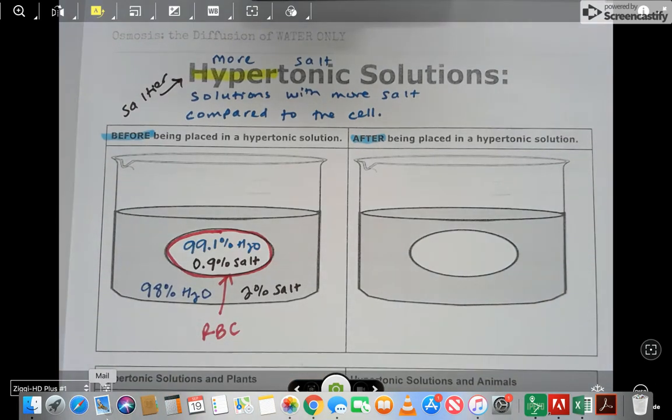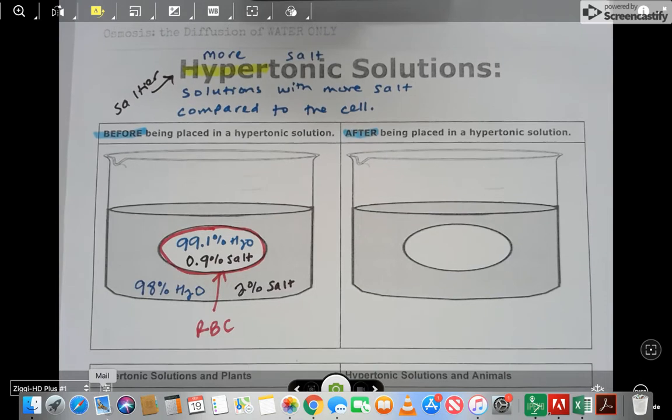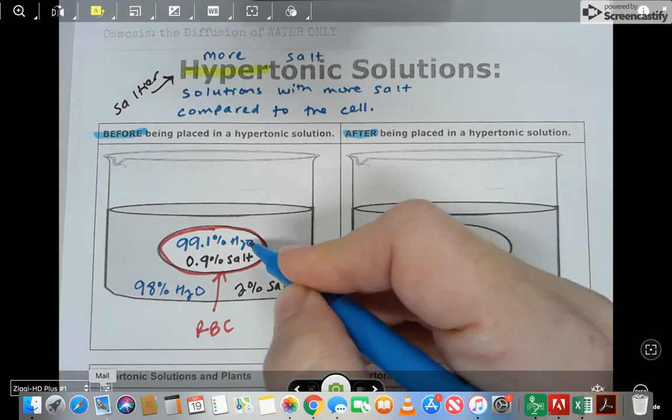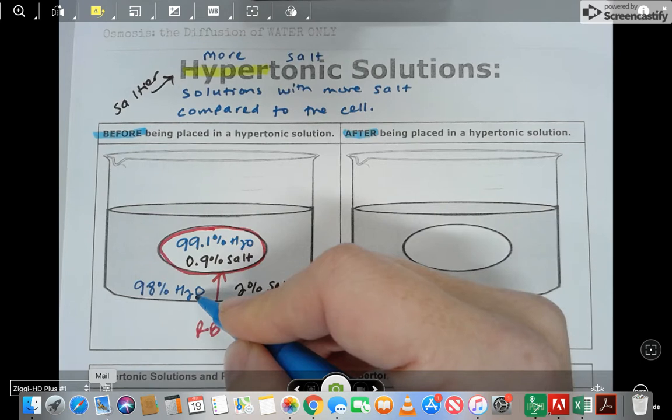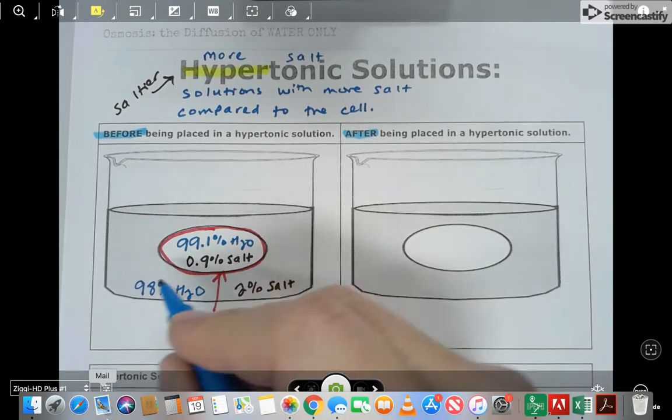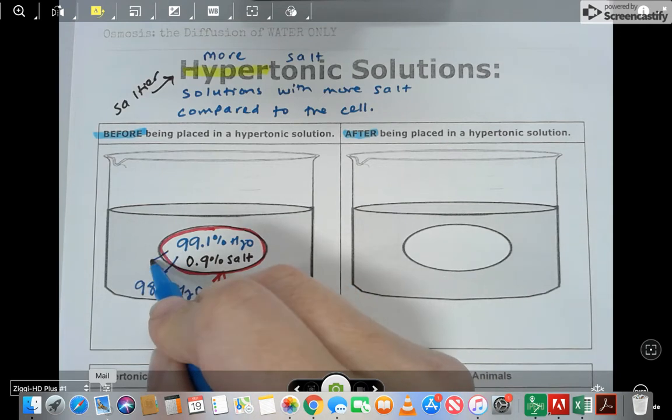Okay. So let's find our concentration gradient with water. Right here at 99.1% water, that is a higher water amount than the outside solution at 98. So water is going to flow from high to low. So water is going to exit this cell.